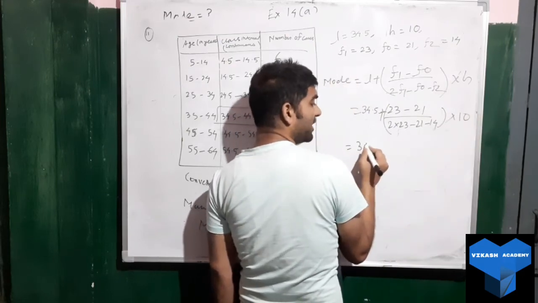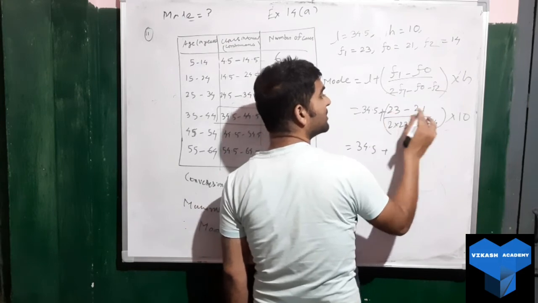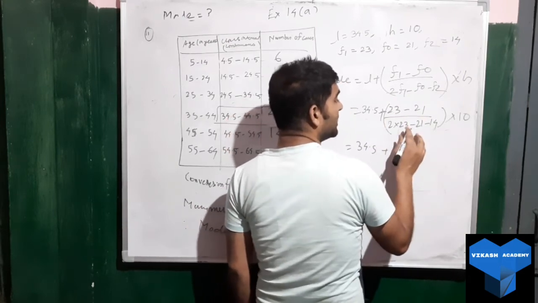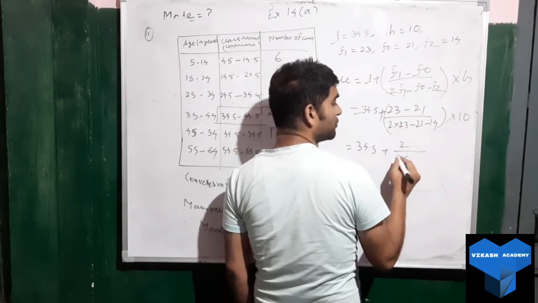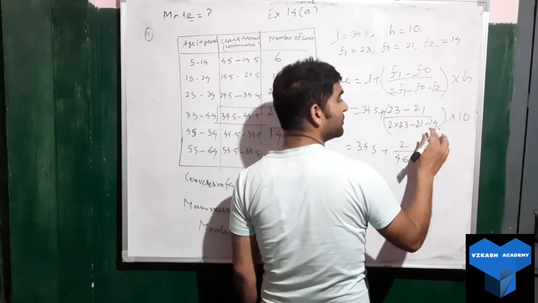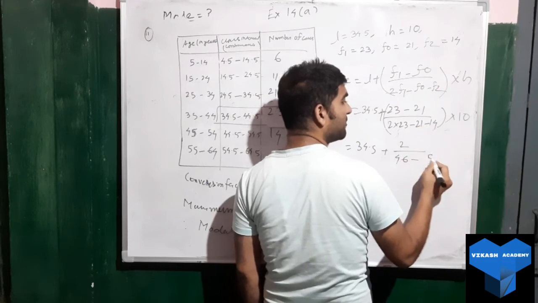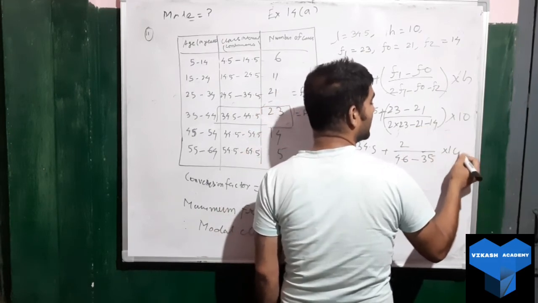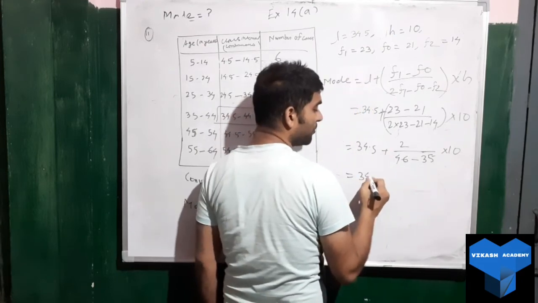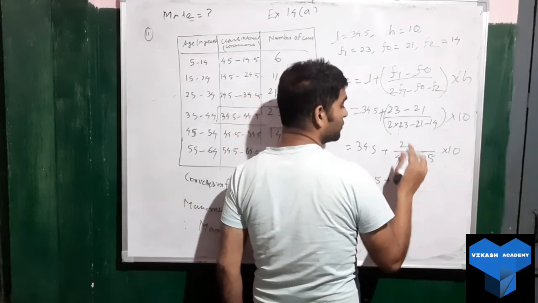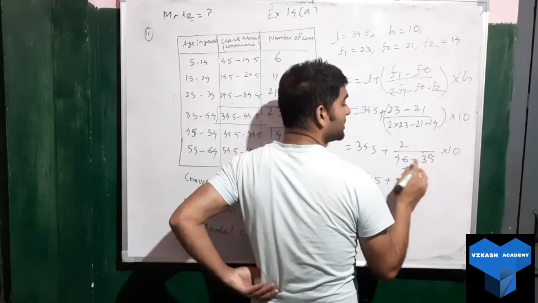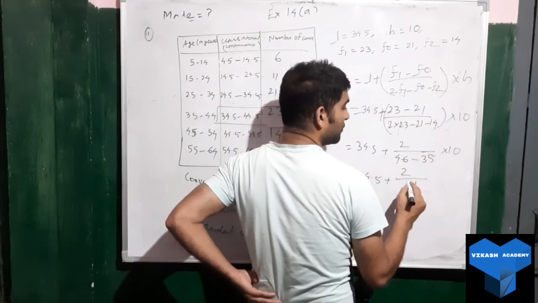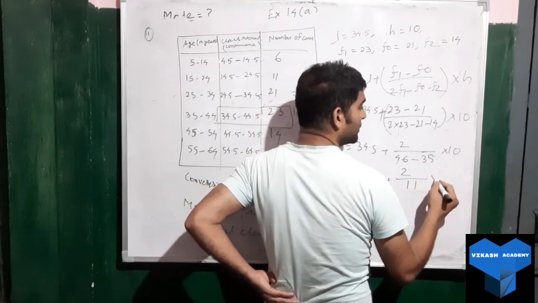So 34.5 stays the same, plus 23 minus 21 is 2. 23 into 2 is 46, minus 35, so 46 minus 35 is 11, into 10.